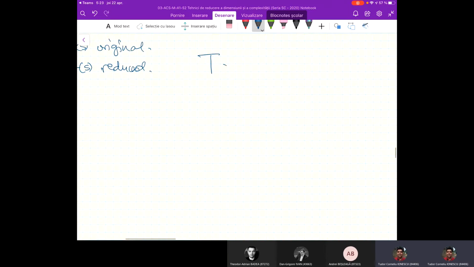Somehow you need to assess T minus TR. This is the error, because you usually compare the output Y with the reduced output, and this is related to this difference.